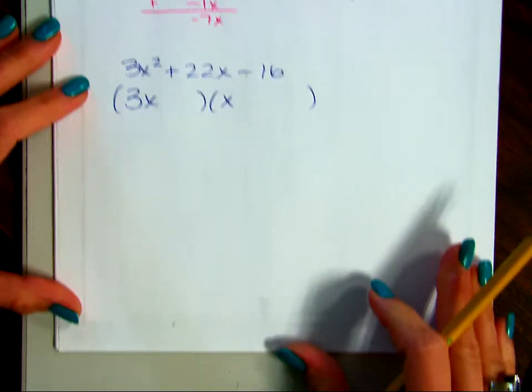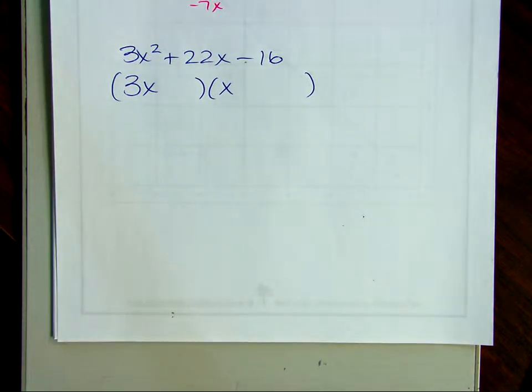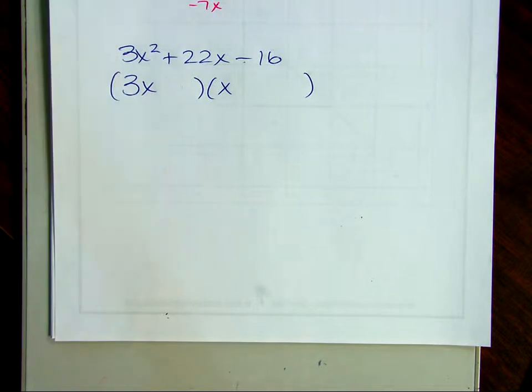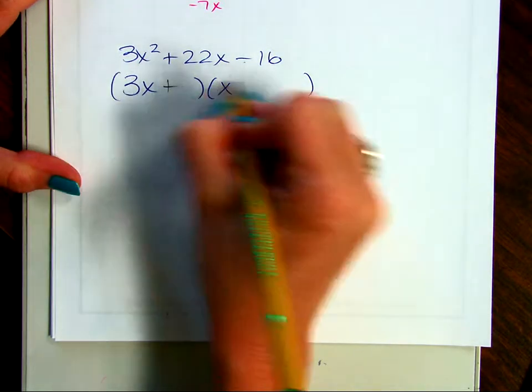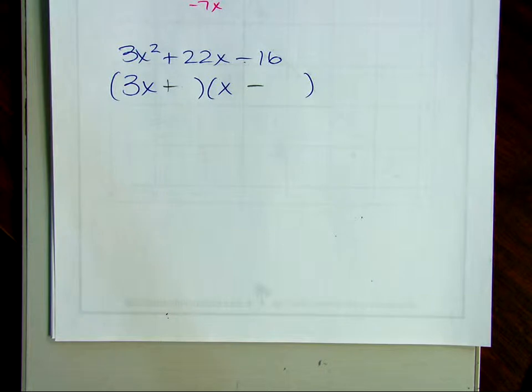And I say, if it's a negative product, one has to be a positive, one has to be a negative, right? Well, before, did it matter where you put the plus and the minus? No, because they were both just x's. Well, right now, I'm just trying to look at what the answer is. I always just start out plus and minus. I may need to switch them. That may not be right.